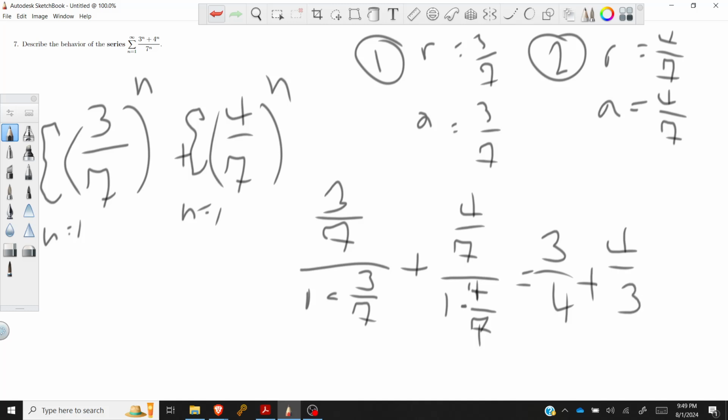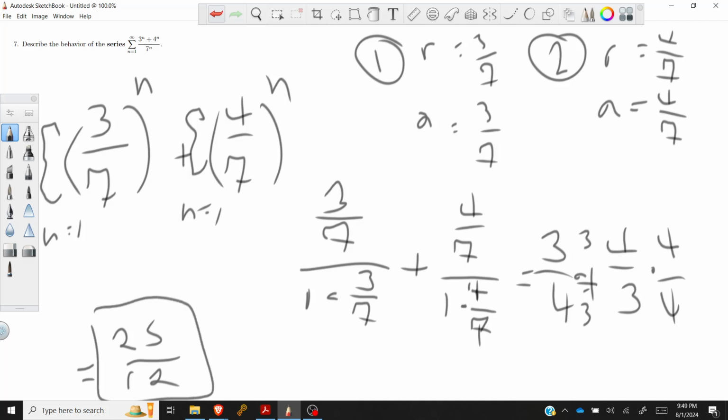So if we add those together, it equals 25 over 12, right? We multiply by the common bases. 4 times 4 is 16, 16 plus 9 is 25 over 12. So this series converges to 25 over 12.